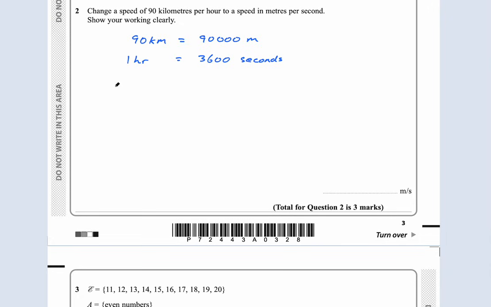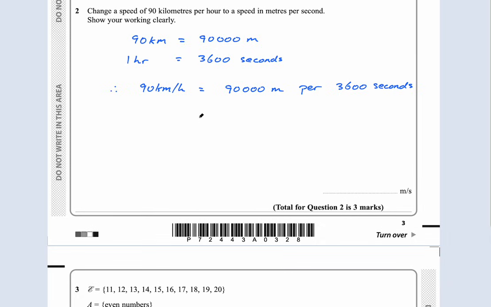Therefore, 90 kilometers per hour is actually equal to 90,000 meters per 3,600 seconds. But we want it in just meters per 1 second.